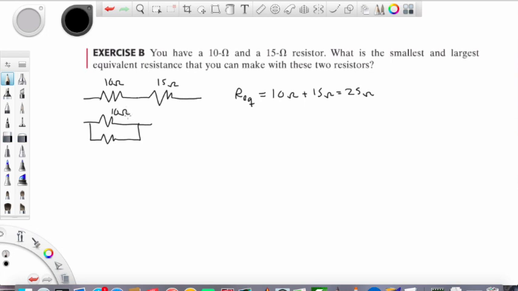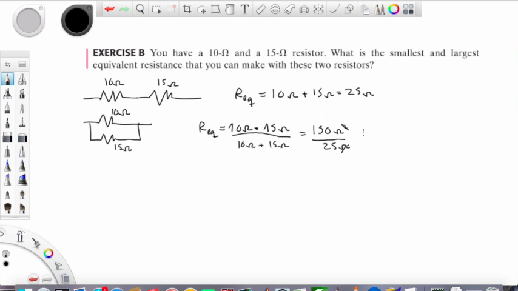However, if we connect them in parallel, so here we have 10 ohms and 15 ohms, we can use the simple trick for calculating when they are in parallel. Then the R equivalent would be the product of the two, 10 ohms times 15 ohms, divided by the sum of the two, 10 ohms plus 15 ohms. So this is 150 ohms squared divided by 25 ohms.